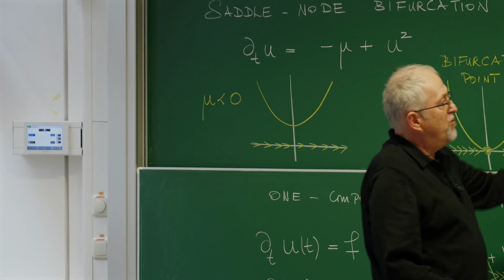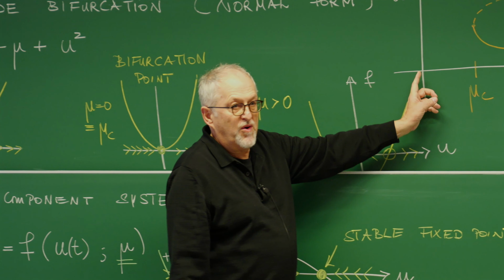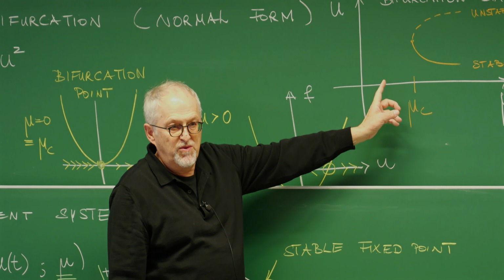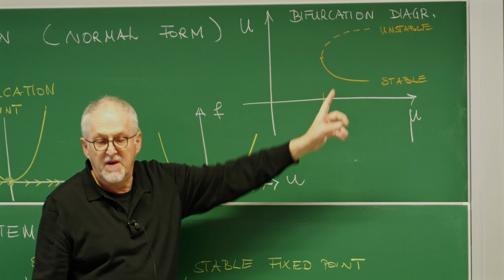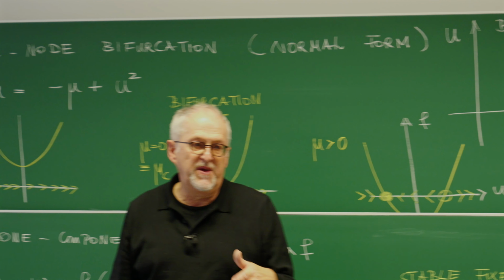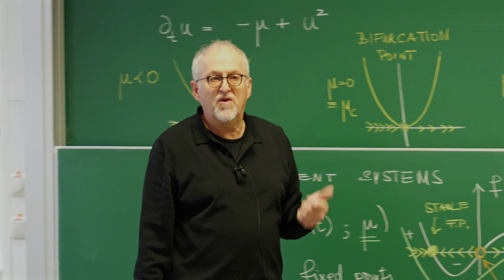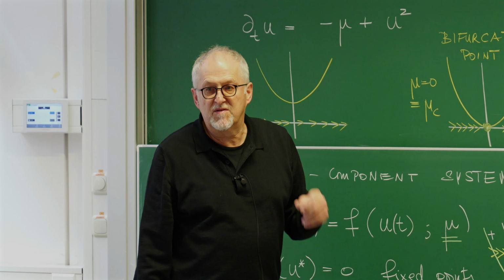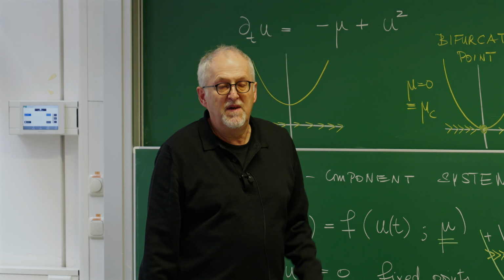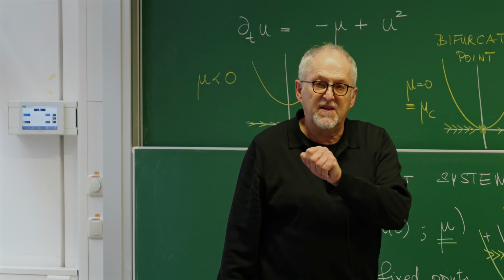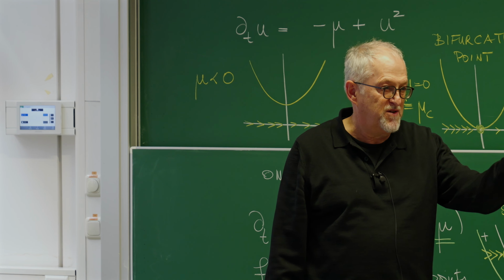It's called a co-dimension 1 bifurcation because you control one parameter, mu, to create a bifurcation. And in general, you say something has co-dimension n bifurcation if you need to control n control parameters to reach that particular type of bifurcation. Give an example. The temperature is a co-dimension 1 control parameter for a phase transition.